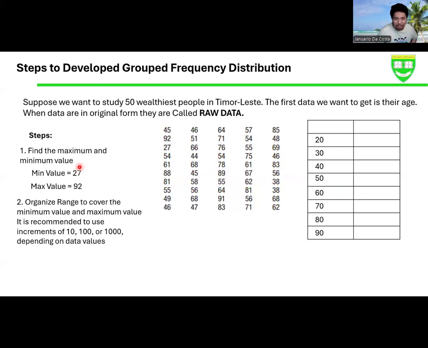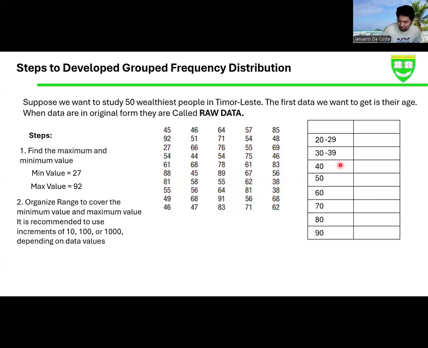After you get that, when you go from 20, this has to end at 29. Why 29? Because the next one starts at 30. You cannot go 20 to 30 because the next one already starts at 30. So 20 to 29 only. The same thing for the next: 30 to 39, because the next one starts at 40.